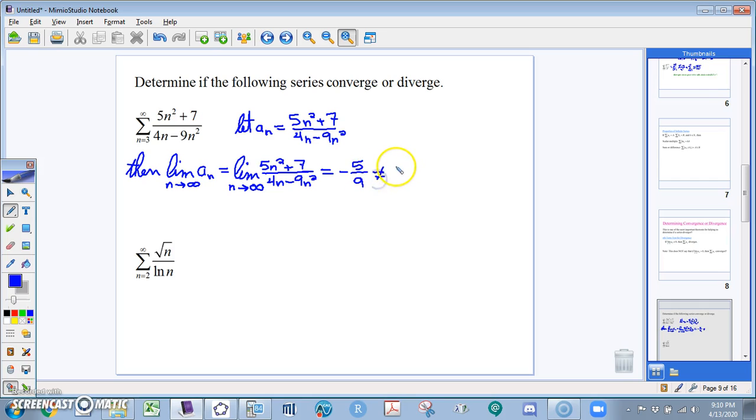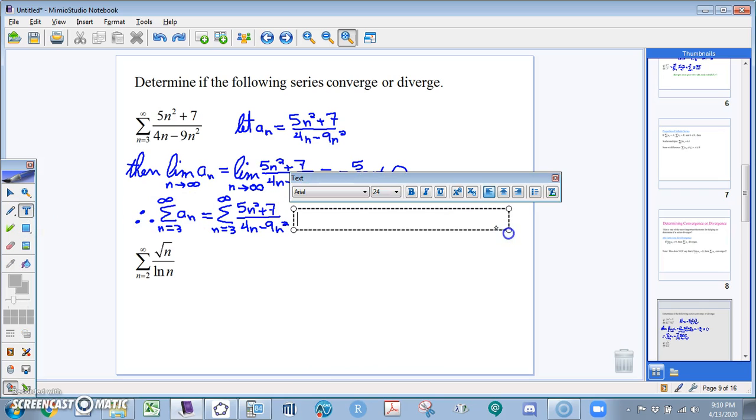That is very definitely not zero, and therefore the series given by that expression from n equals 3 to infinity, or in other words the series that I was asked about, the sum from n equals 3 to infinity of 5n squared plus 7 divided by 4n minus 9n squared, diverges.